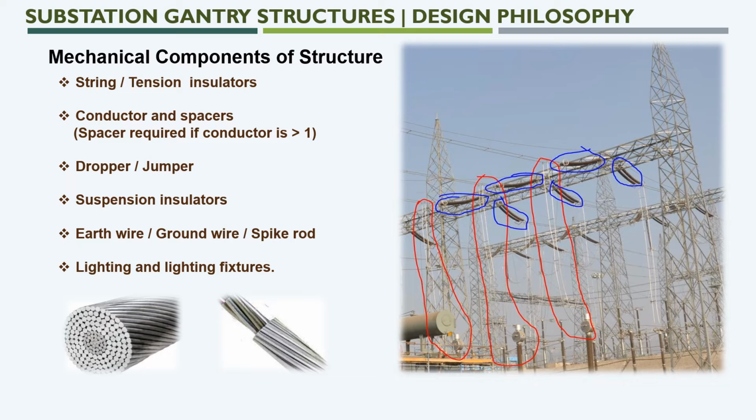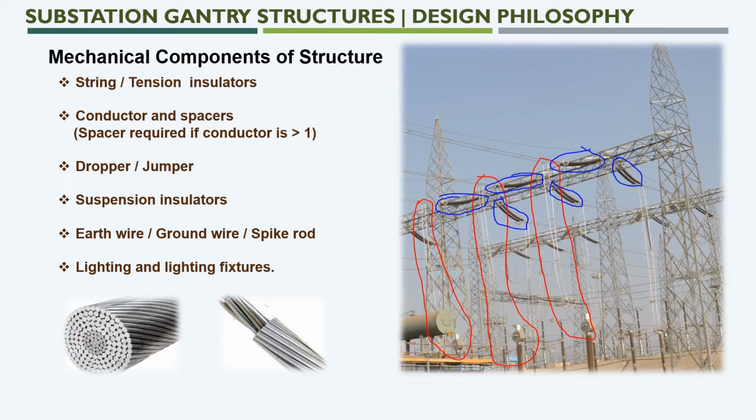That is, for single conductors the spacer is not required. Then dropper or jumper, suspension insulators, earth wire or ground wire or spike rod, lighting and lighting fixtures. In the right hand side picture you can see a red circle. This is the dropper.